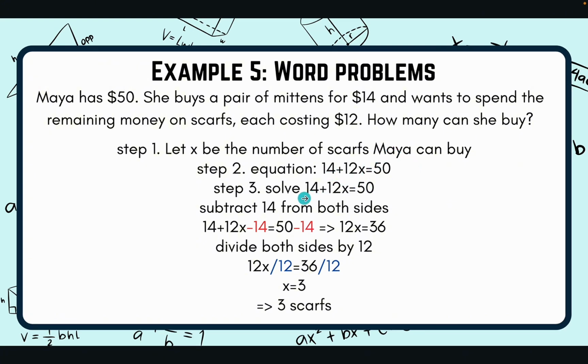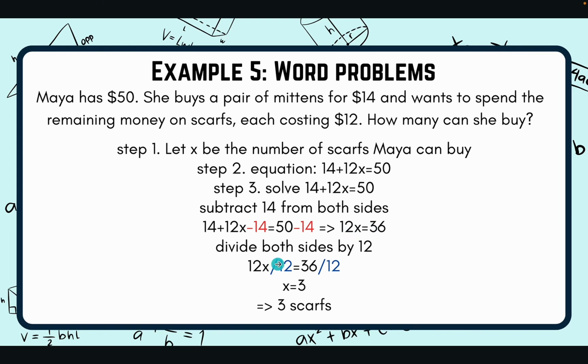So you first have to subtract 14 from both sides, since it's plus 14, and you need to do minus 14. So 14 plus 12x minus 14 equals 50 minus 14. And that becomes 12x equals 36. And then, since it's 12 times x, you need to divide both sides by 12.